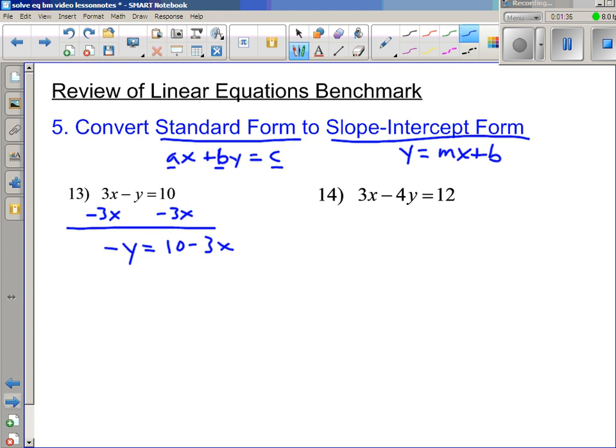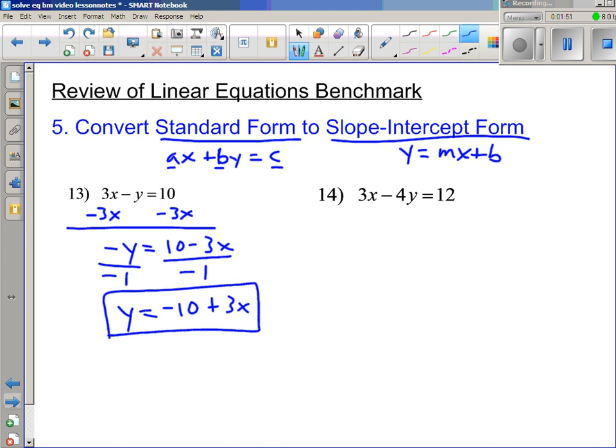It's got a negative 1 out in front. We can divide both sides by negative 1, leaving positive y equals 10 divided by negative 1 is negative 10. Negative 3 over negative 1 is a positive 3x. And from this, you could identify the slope and the y-intercept. It's not necessary for the benchmark, but that's where we end up moving this idea later in the semester.